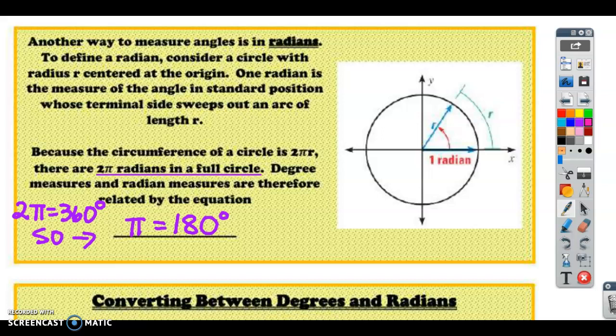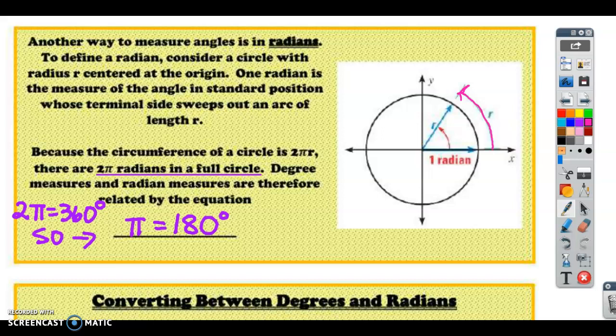To define a radian, consider a circle with the radius r centered at the origin. So 1 radian is the measure of the angle in standard position whose terminal side sweeps out an arc of length r. Okay, and when we're dealing with the unit circle, our radius is always going to be 1. So because the circumference of the circle is 2 pi r, there are 2 pi radians in a full circle with a radius of 1.